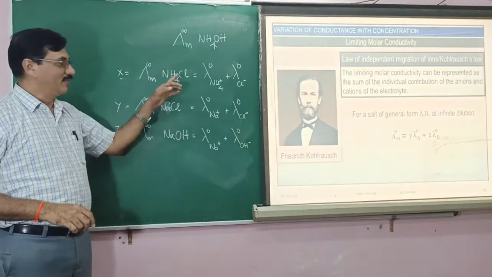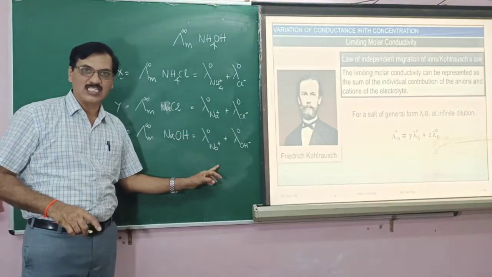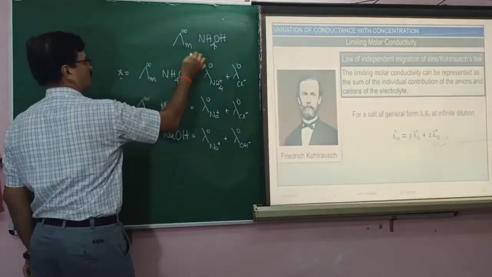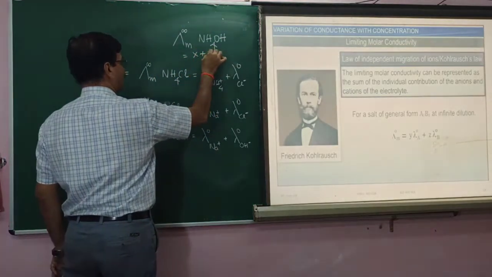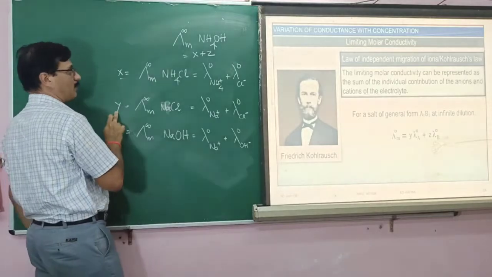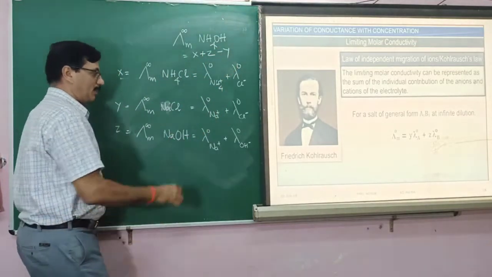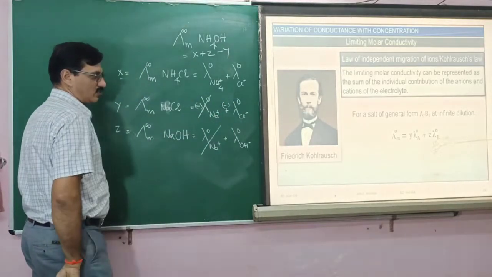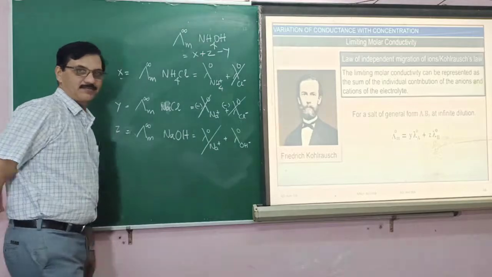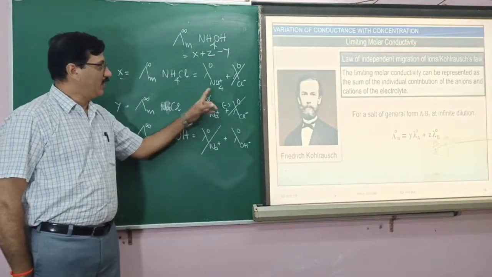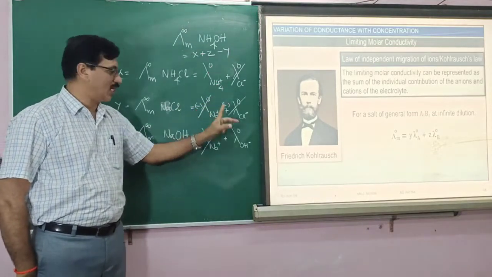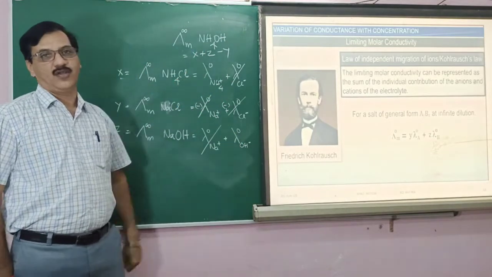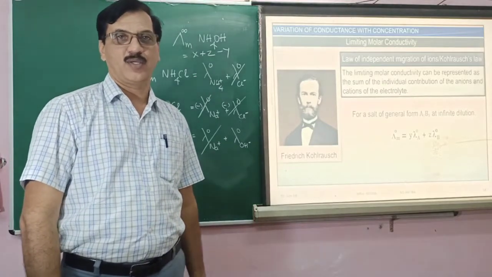Now you can see these equations can be solved like algebraic equations. If you add x plus z, and subtract y, Na and Na get cancelled and Cl gets cancelled. We get the ionic conductivity of ammonium ion plus the ionic conductivity of hydroxyl ion, which will be the value of molar conductivity at infinite dilution of ammonium hydroxide.